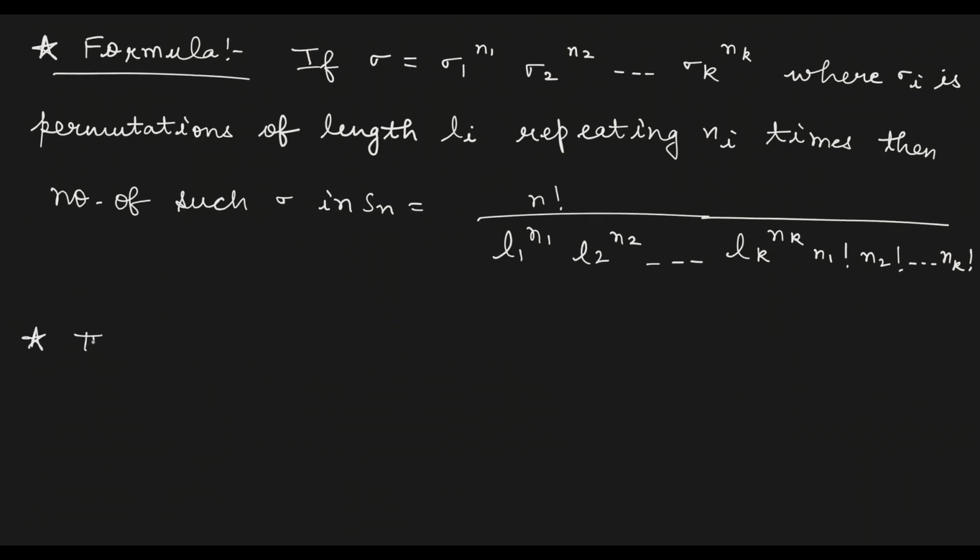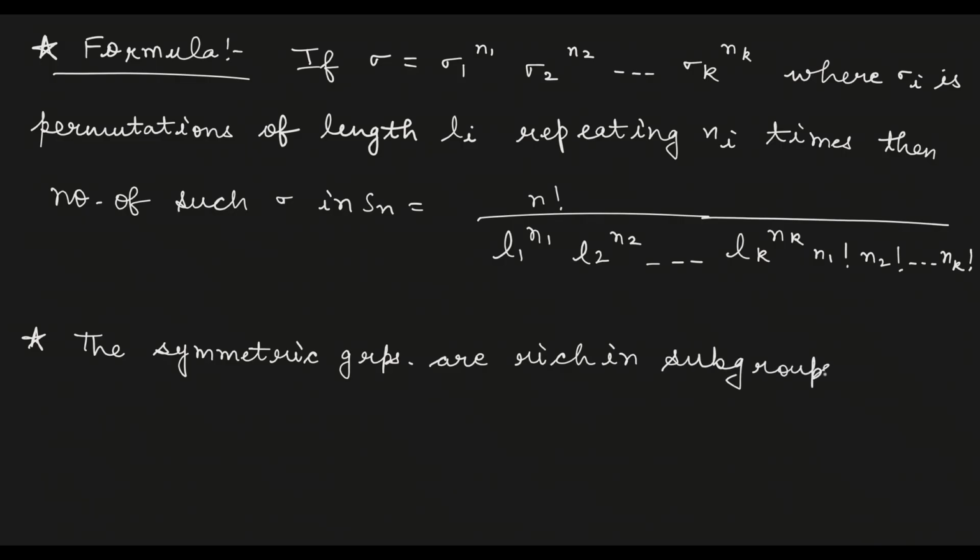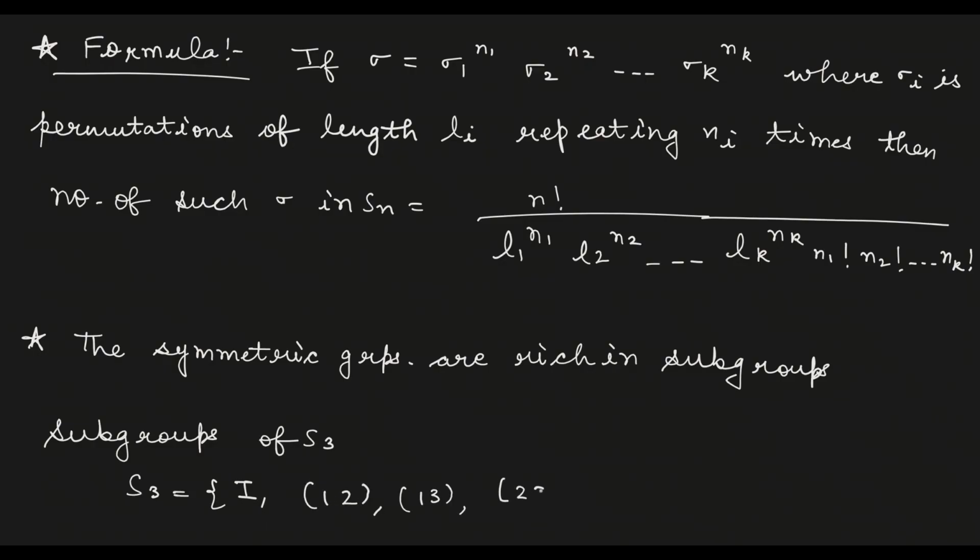Next, the symmetric groups are rich in subgroups. Here we will see subgroups of S3. S3 is equal to identity, 1 2, 1 3, 2 3, 1 2 3, 1 3 2.